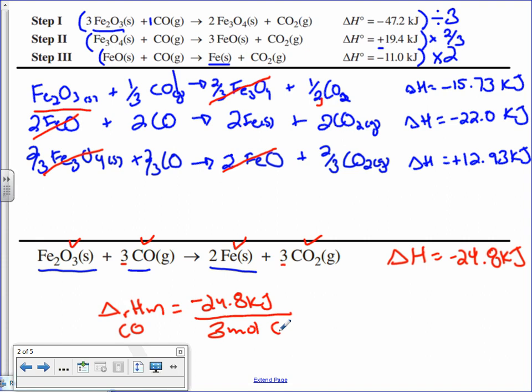So 3 moles of CO, and this will give me my units in kilojoules per mole. So we're going to get about 8 kilojoules per mole. 24.8 divided by 3 gives me 8.27 kilojoules per mole of CO.